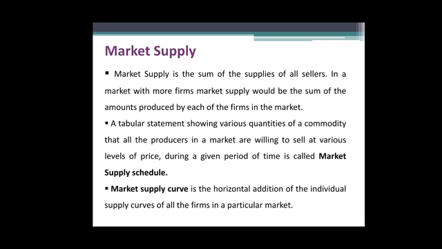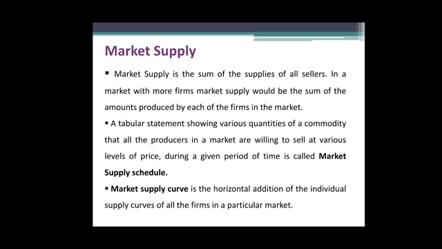For example, if there are 3 sellers of commodity X in a market, that is seller A, seller B and seller C, and at a certain price seller A is selling 10 units of commodity X, seller B is selling 20 units of commodity X, and seller C is selling 30 units of commodity X, then market supply would be equal to the supply by seller A plus supply by seller B plus supply by seller C, which is 10 plus 20 plus 30, which will be equal to 60.